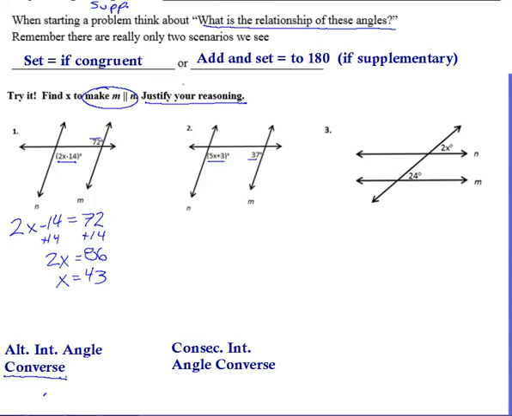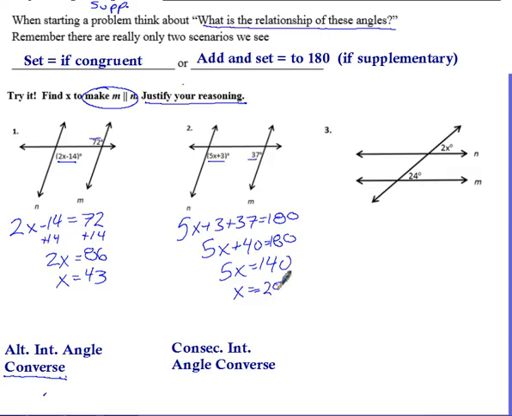So consecutive interior is the one scenario where we actually add them together and set it equal to 180. So this gives me 5x plus 40 equals 180. Subtract 40 from both sides. And then when we divide both sides by 5, we get x is equal to 28. So these are my two answers here.